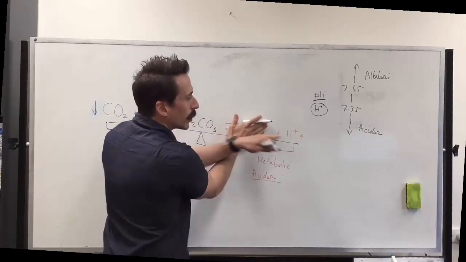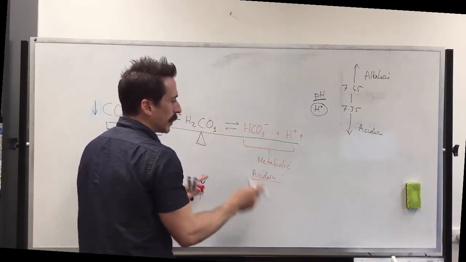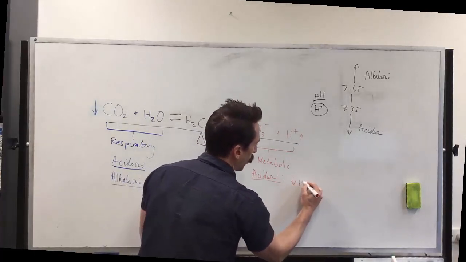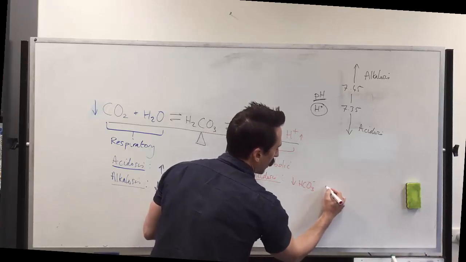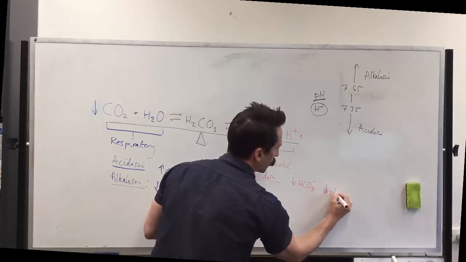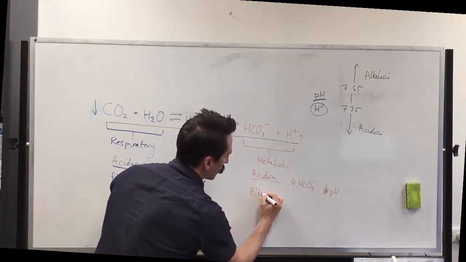So if that's gone, you're just left with a whole bunch of free hydrogen ions. So when you do the bloods to check for this, in metabolic acidosis, what you'll find is a drop in bicarbonate, if it's uncompensated, and a drop in the pH because it's acidosis, so it's going down.